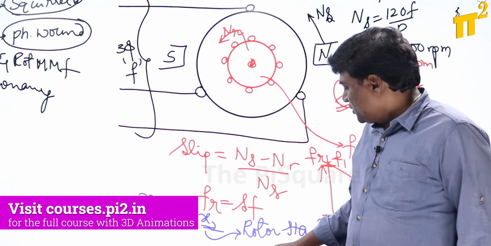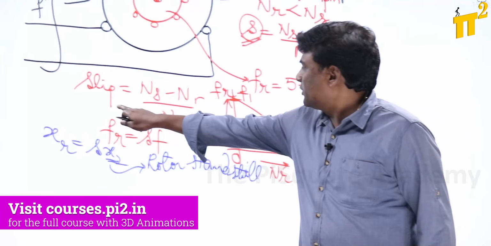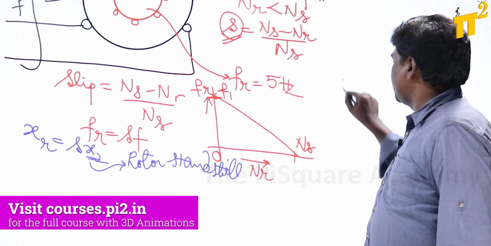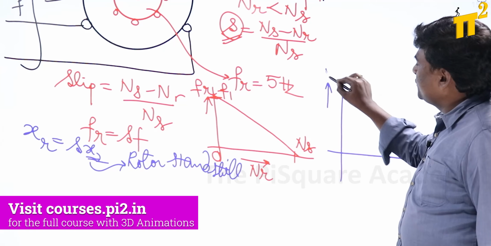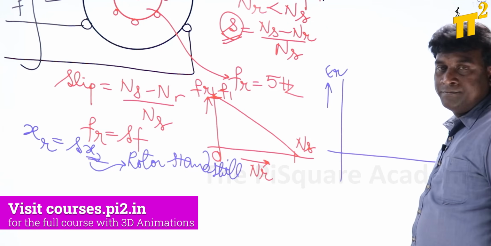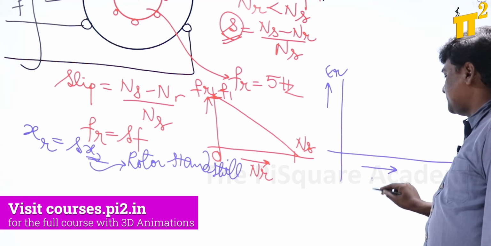Now, if you think of induced voltage, the rotor induced voltage also will vary in similar terms. Let the rotor induced voltage be ER and the rotor speed be NR.